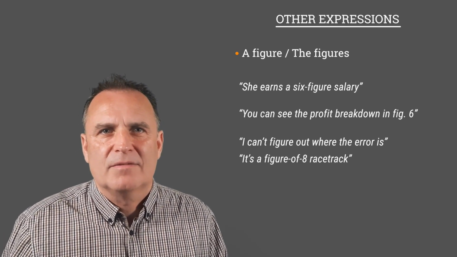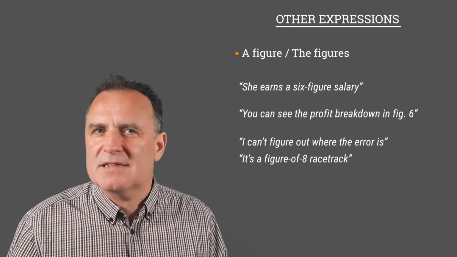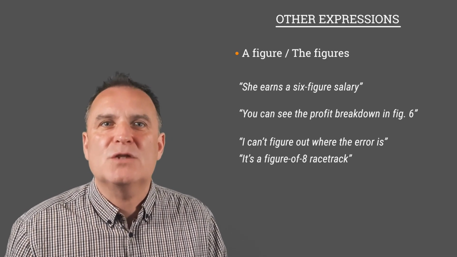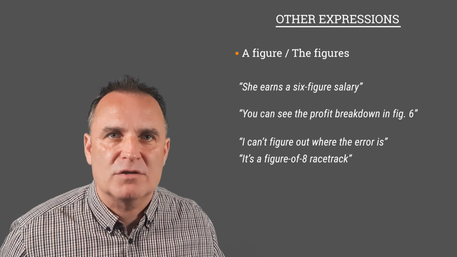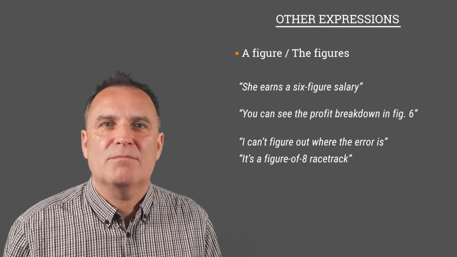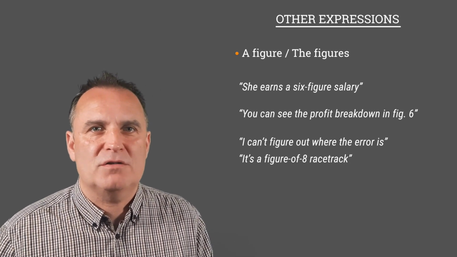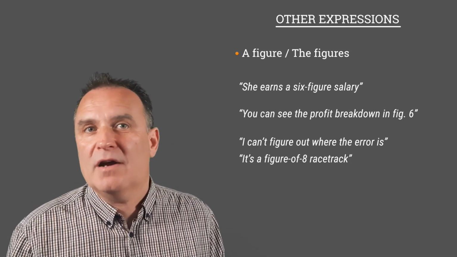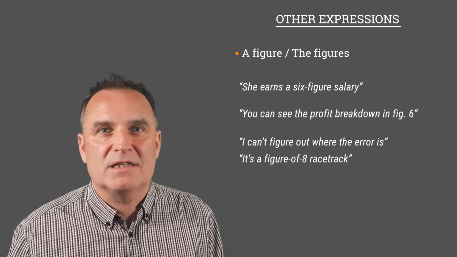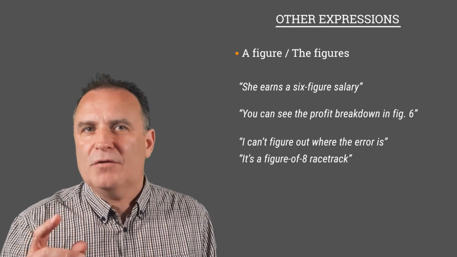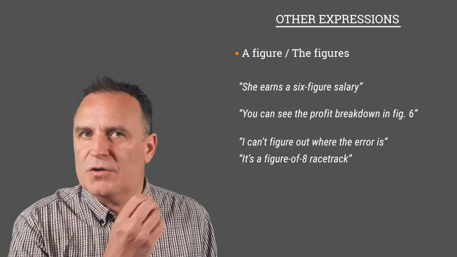So a 6-figure salary must be at least 100,000, whatever the currency is, let's say euros, and up to 999,999 euros. Be careful though, this causes quite a lot of confusion.